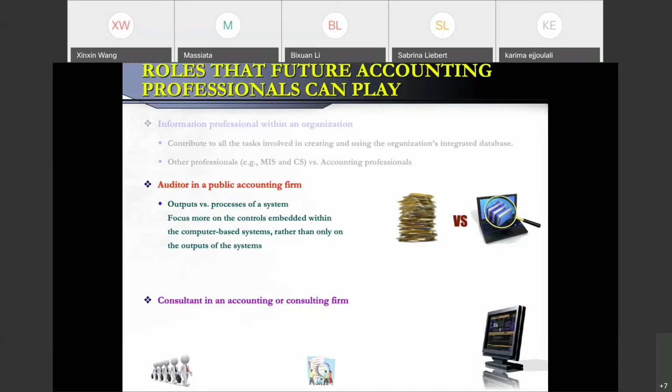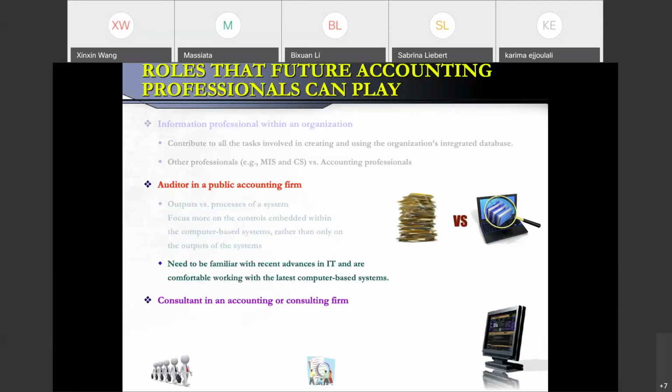We want to provide assurance of the trustworthiness of the system. How the system processes the information is important. An auditor also needs to be familiar with recent IT technology, like the previous few videos that we saw. It's all provided by the accounting firms, like their projections about what future audit work should be, right?